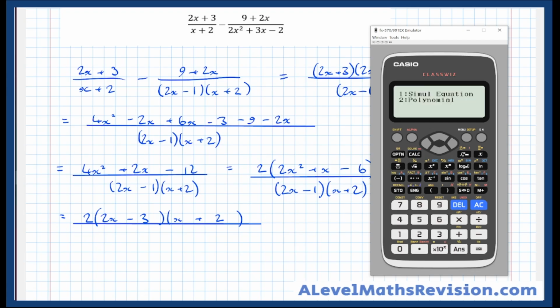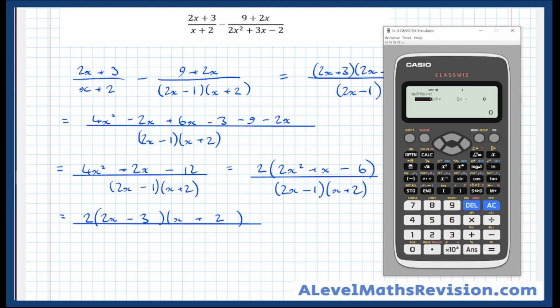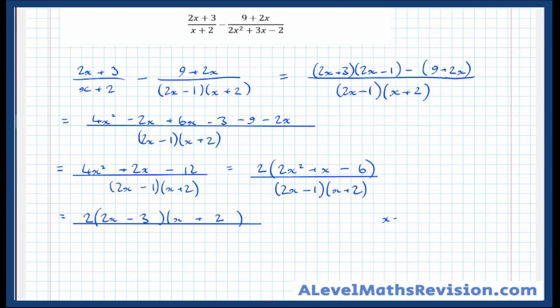So if we go into the quadratic solver, polynomial degree 2, and let's put in there the actual expression that we started with. So we've got 2x squared plus x minus 6. We can see that gives x equals 3 over 2, or x equals minus 2.